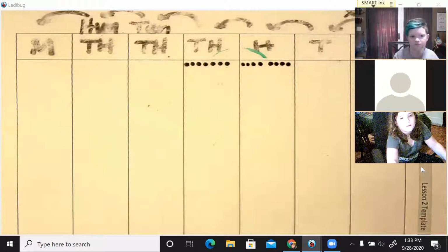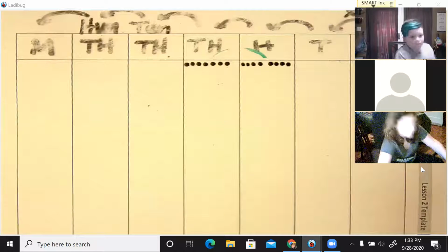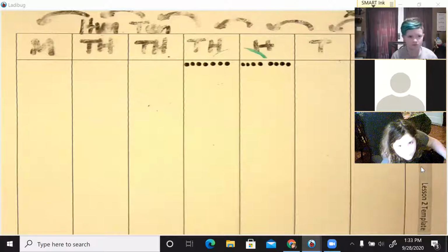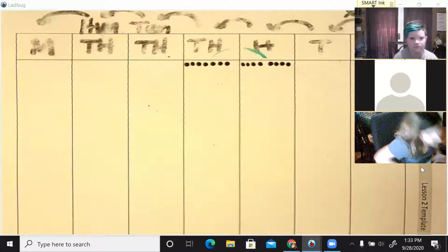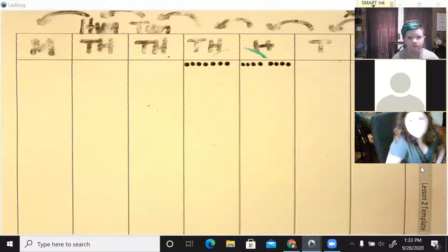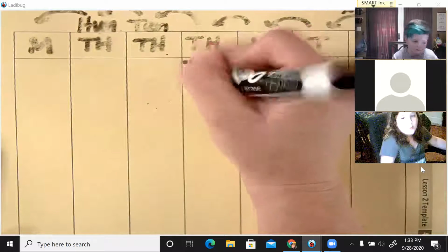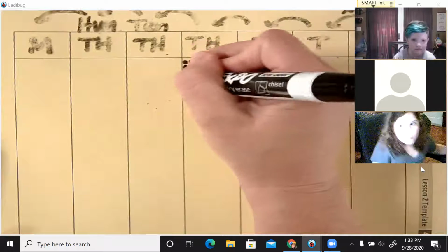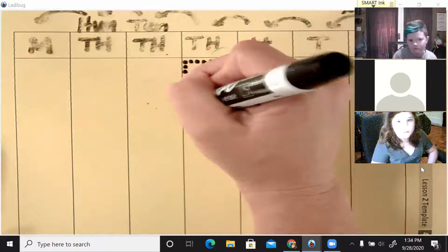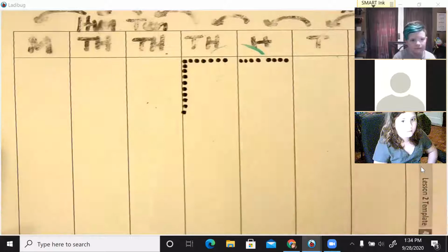If I'm multiplying by 10, what am I going to do to each of these dots? I'm going to add, make sure I have 10 in each row, in each column. 2, 3, 4, 5, 6, 7, 8, 9, 10. So I took my 1 and I multiplied it by 10.